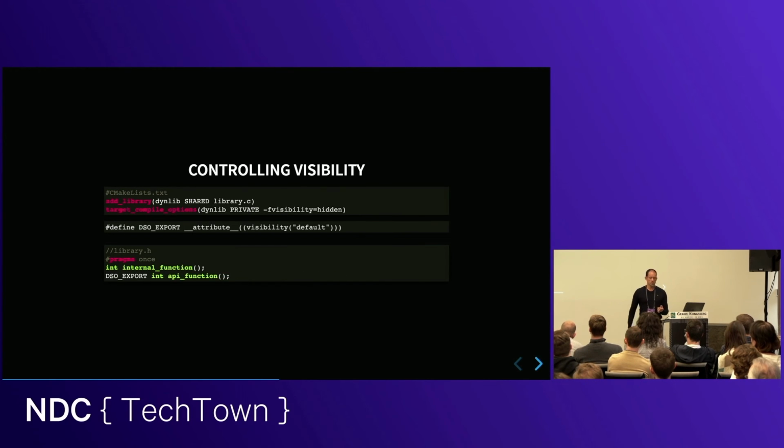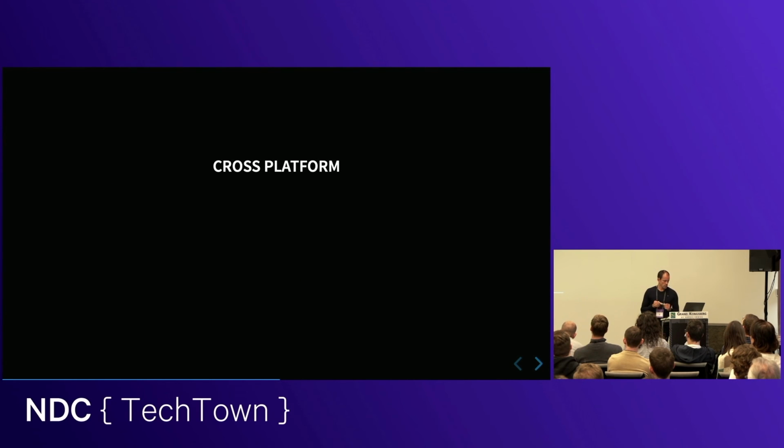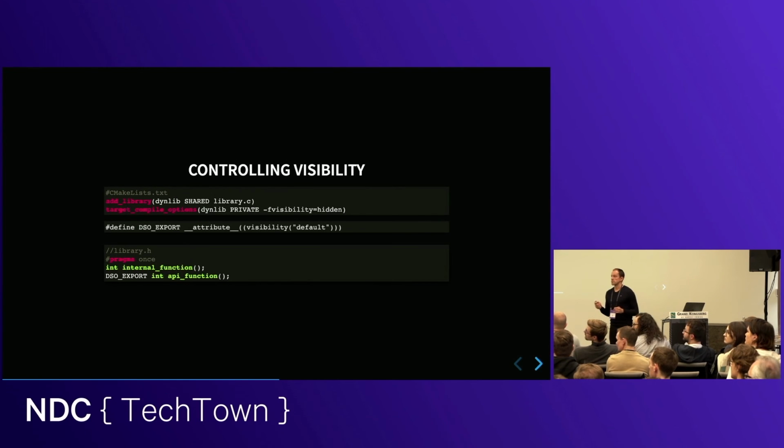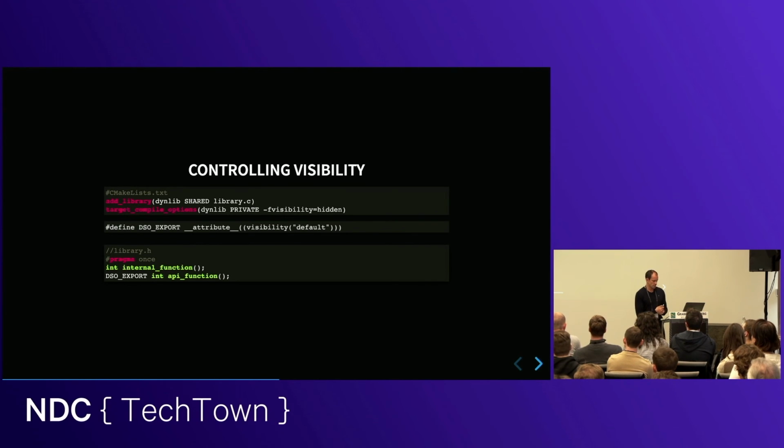And then you just put this in front of your stuff, and only those things get exported. So, yeah, question? Yes, you can. I'll have an example for that a bit later.